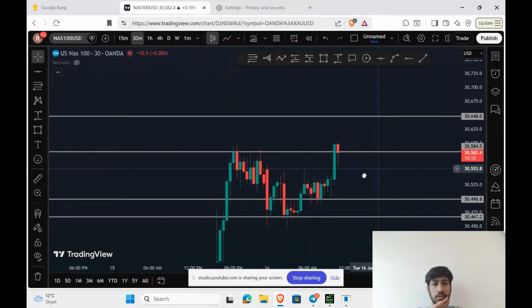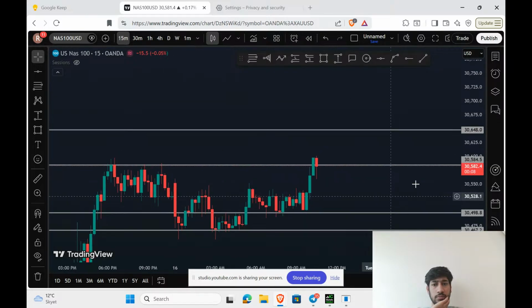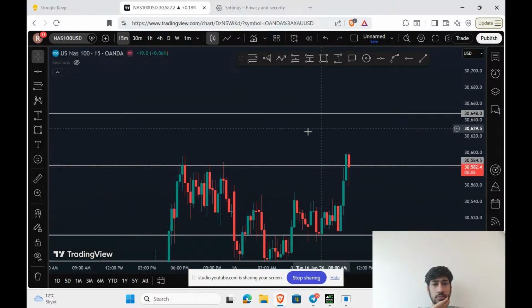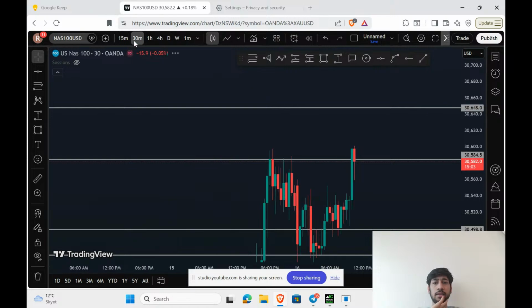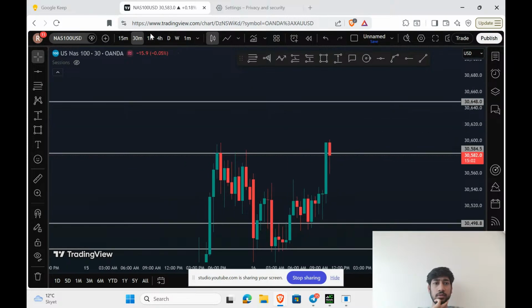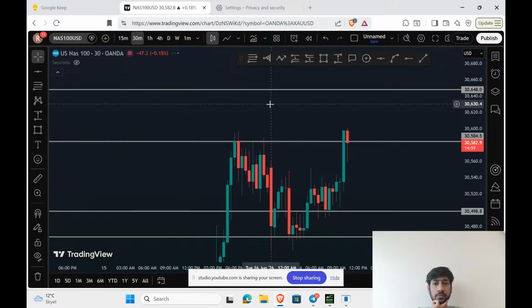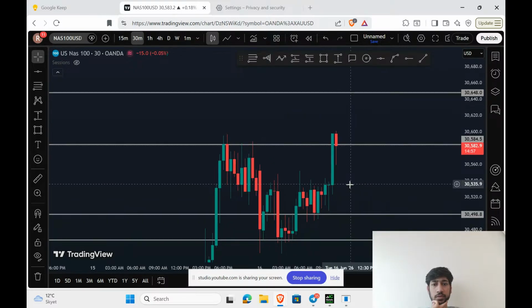So M30, M15, no. I don't think it's a better idea to buy still, due to the fact that H1 has M15 like this.